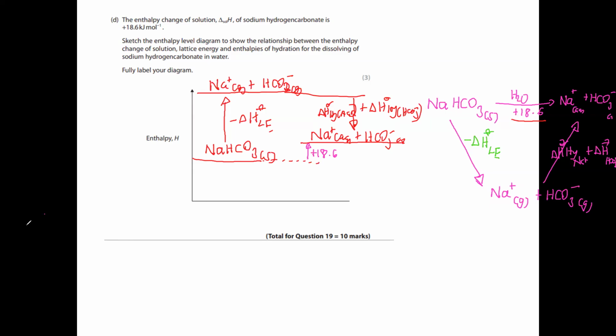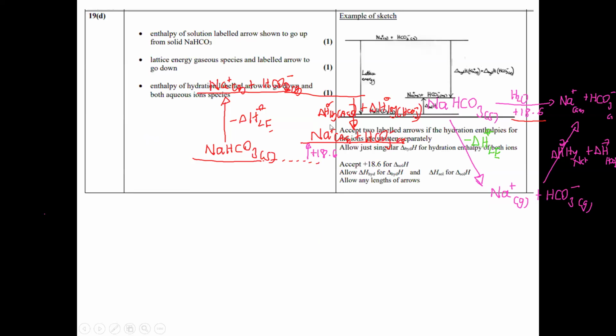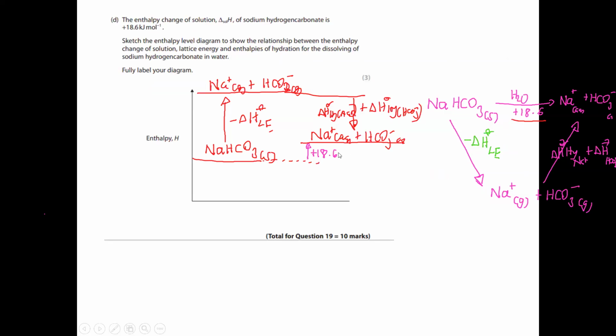So this is the type of diagram that they are expecting from us. Yes, that's the one. So 18.6 is equal to the standard enthalpy of solution of sodium hydrogen carbonate.